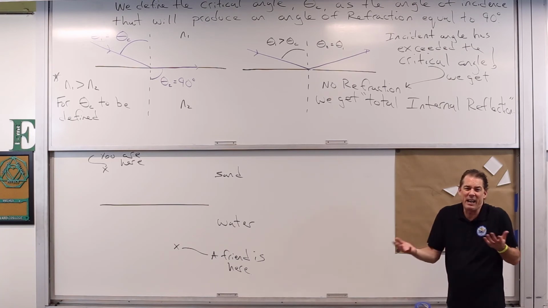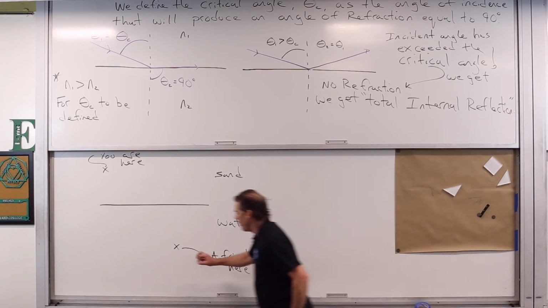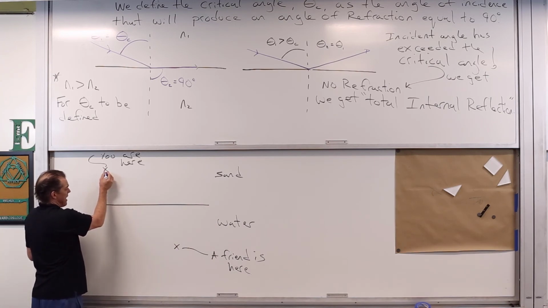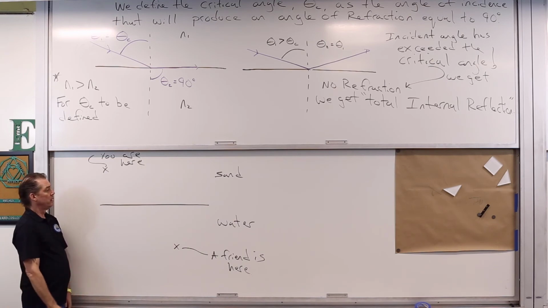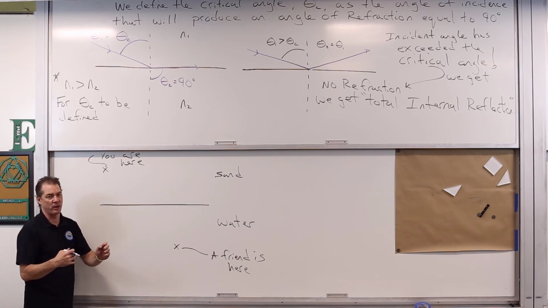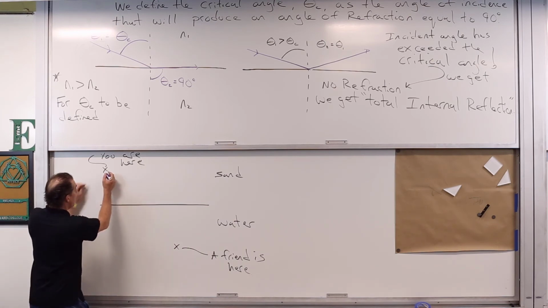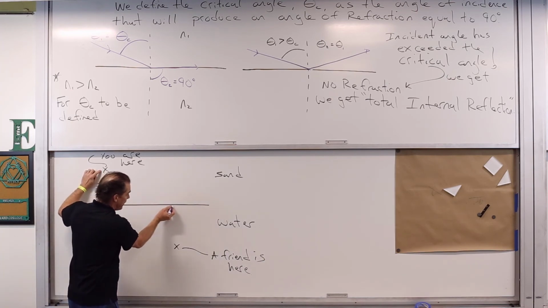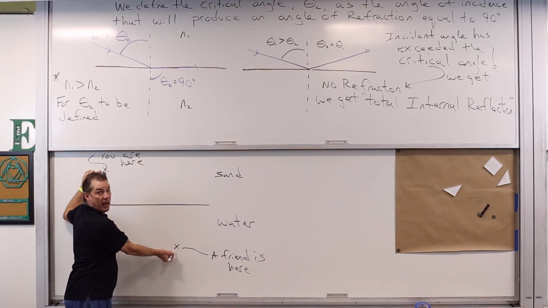But there's a trade-off, right? I want to get here as quickly as possible. Well, if I run faster in the sand than I swim in the water, going straight there doesn't do it. If I run much, much faster in sand than I swim in water, the fastest route for me would probably be to run across the sand as much as possible, then swim the least amount possible, right?